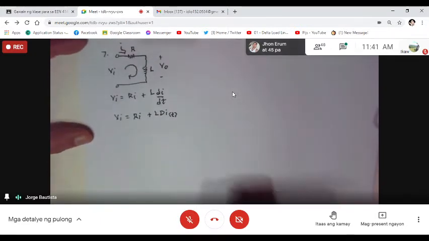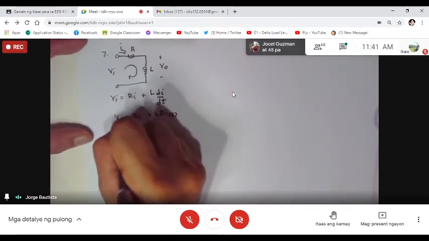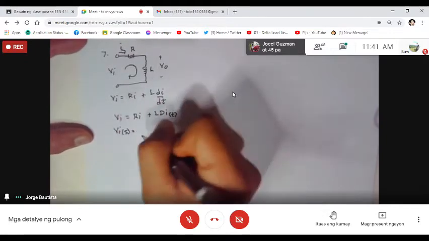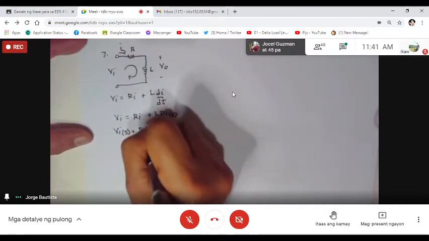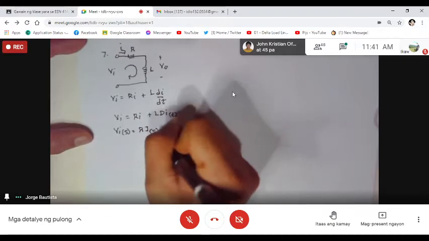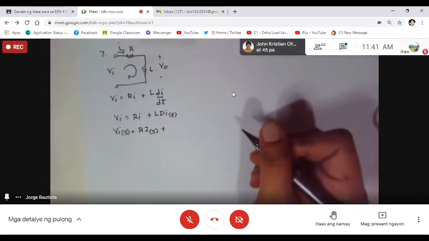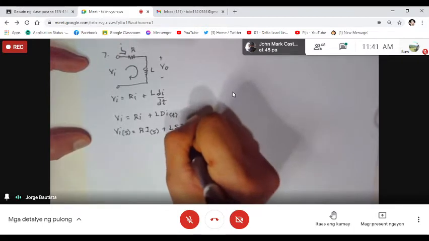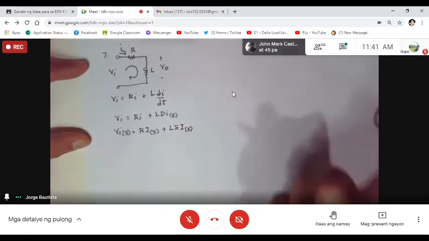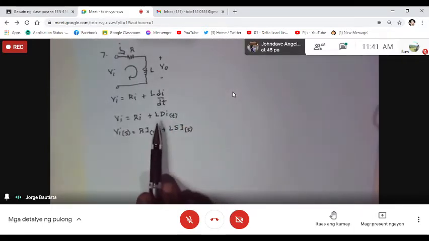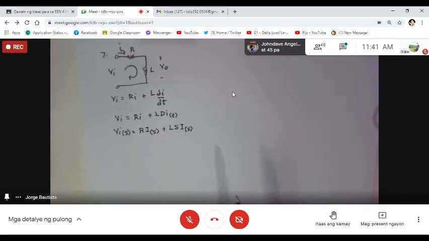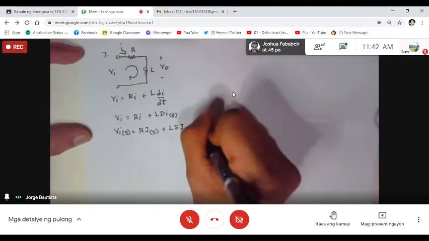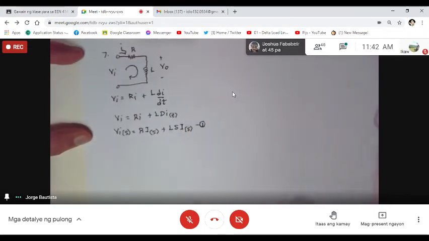Take the Laplace, V sub I sub S is equal to R I sub S plus L S I sub S. Yan ang Laplace niya. LS I sub S. Equation number 1. Okay? Equation number 1.